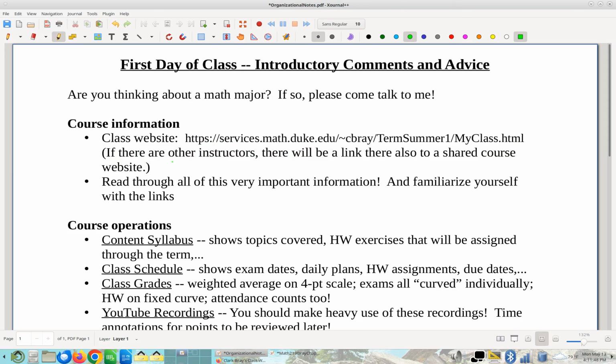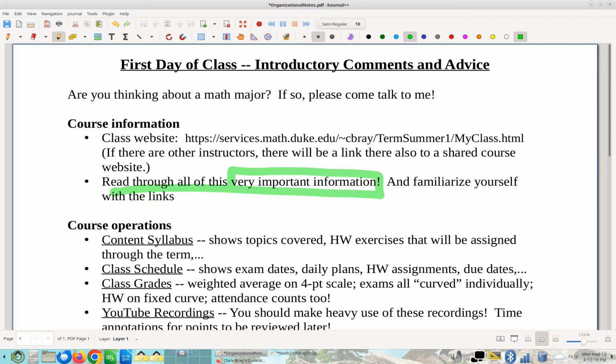There's a lot of stuff on that website, and we're going to walk through that over the next little bit. But make sure to read all of that very important information. It's tremendously important, not just about how the course is organized, but about what the course fundamentally is and how you should think about it and approach it.